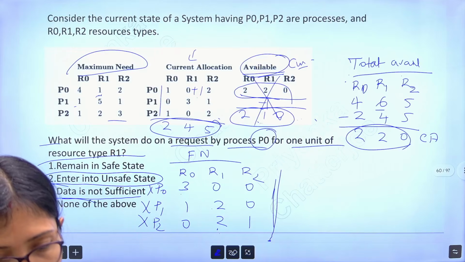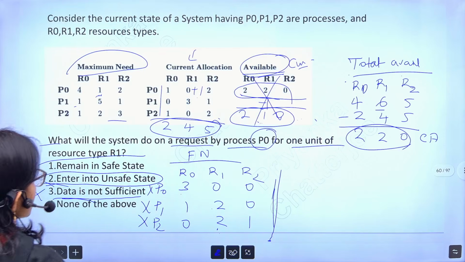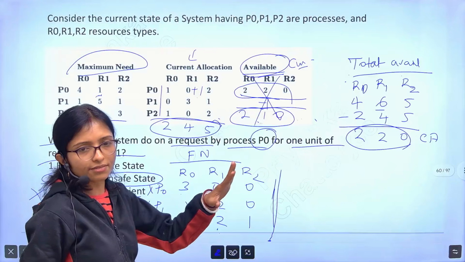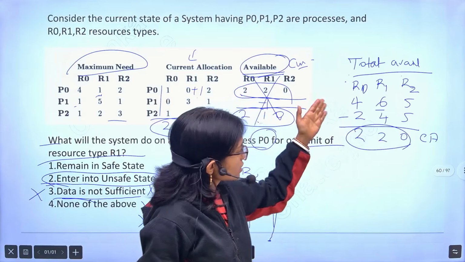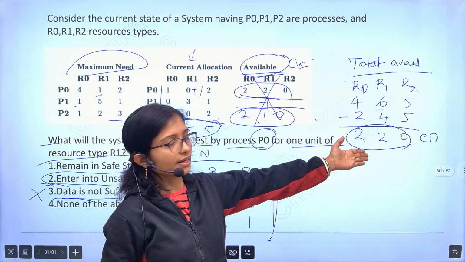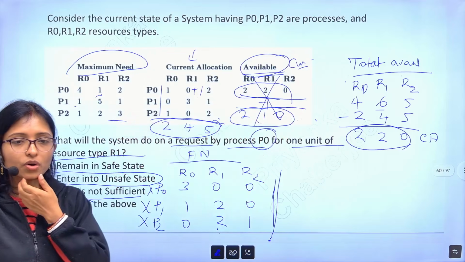Clear now? Yes. All the concept, it is a game, nothing else. You have to understand the meaning of the data. Just we are doing minus and we are getting current availability. If it is only availability, then this is my availability. Okay?